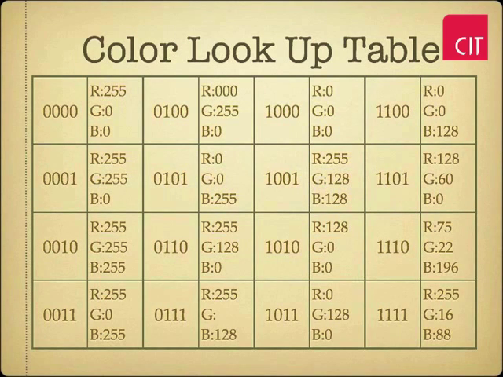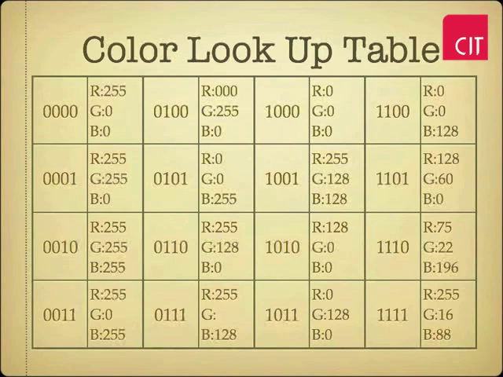Well, an image can have a color lookup table. A lookup table holds a list of bit sequences and the RGB values of the colors that they represent. In this lookup table, the bit sequence 0000 is used for pixels with the color red 255, green 0, blue 0.